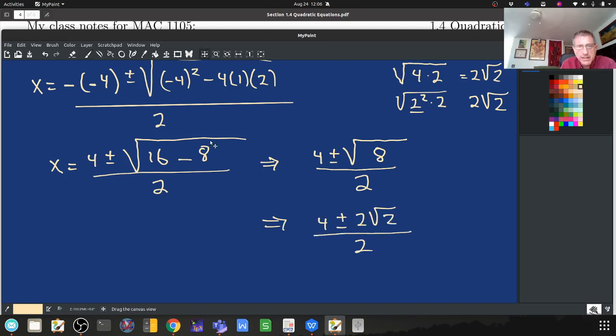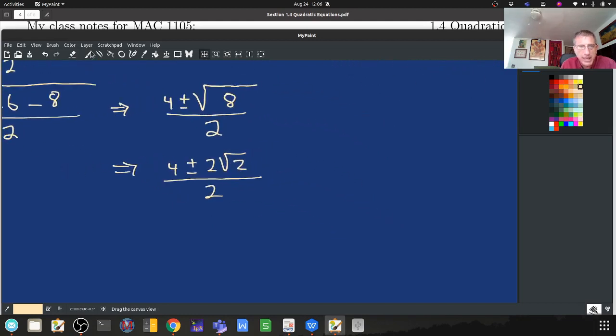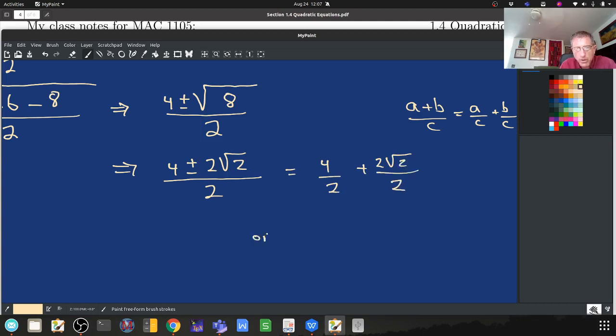And in this case, you still need one more simplification. We use again a plus b divided by c is equal to a divided by c plus b divided by c. That's the rule we're using. So this is going to be 4 divided by 2 plus 2 times the square root of 2 over 2, or, taking the bottom value of the plus or minus, 4 divided by 2 minus 2 times the square root of 2 over 2.